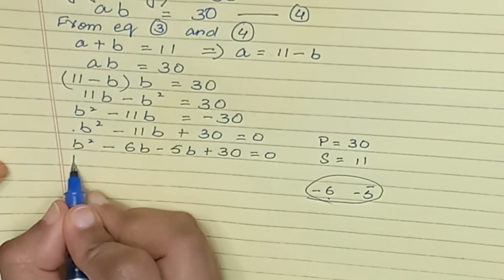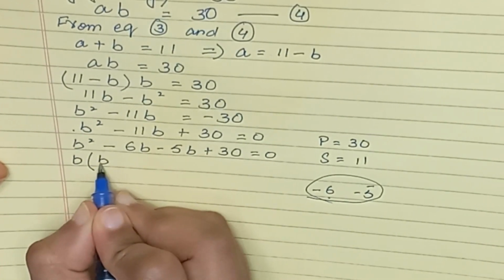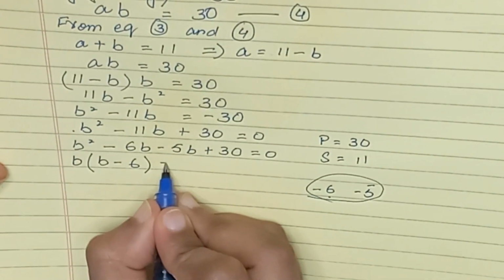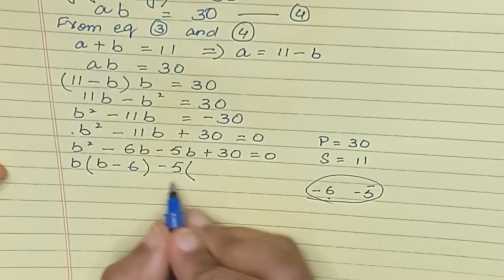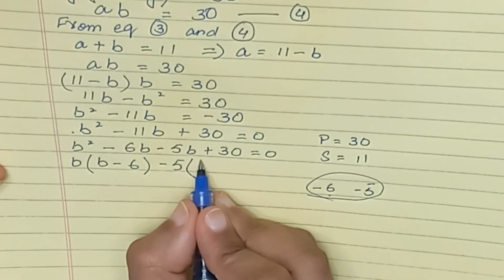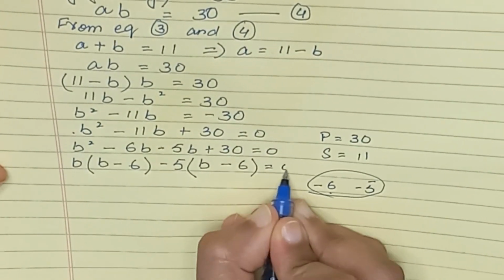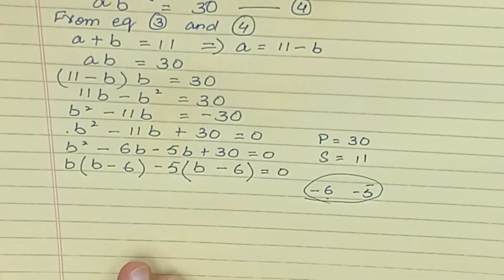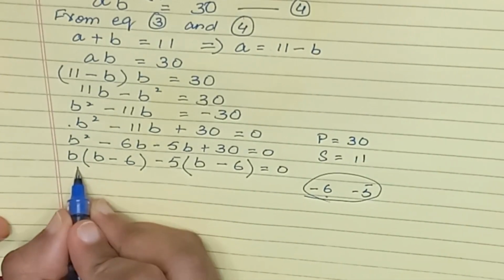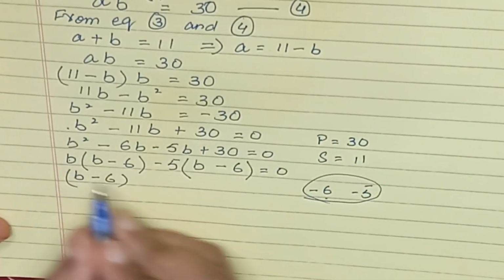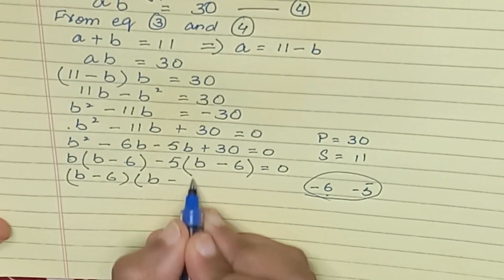From the first two terms we will take b common, so we have left b minus 6, and from here we have negative 5 common. So it will become negative into negative positive, and negative into positive negative, 5 times 6 is 30, which is equal to 0. So from here we have b minus 6 common here and b minus 5, which is equal to 0.